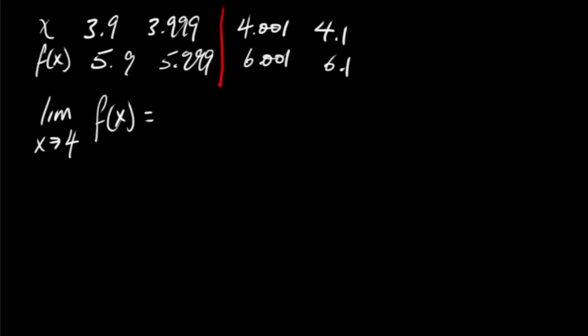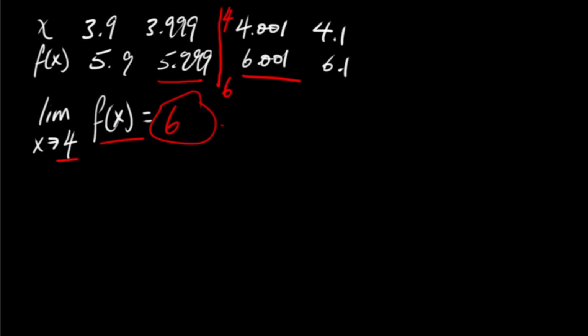We're really, really close, so we can make a little estimate. In this case, the estimate would be equal to none other than 6, because in between 5.999 and 6.001, it resembles a 6. So we can say that the limit as x approaches 4 of f of x is equal to 6.